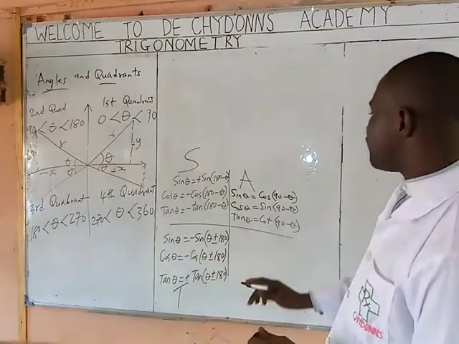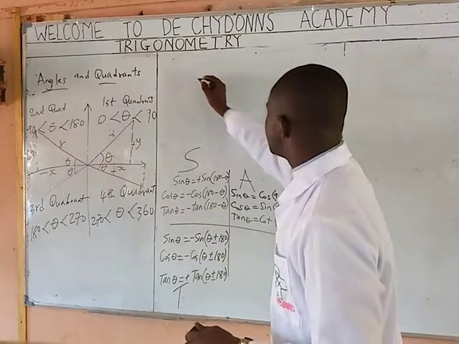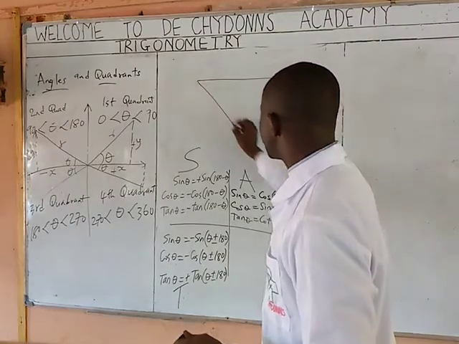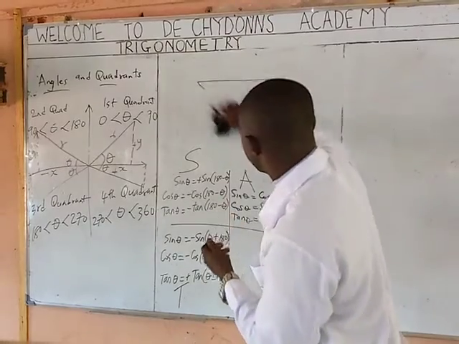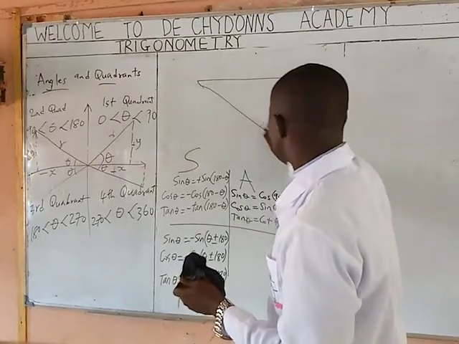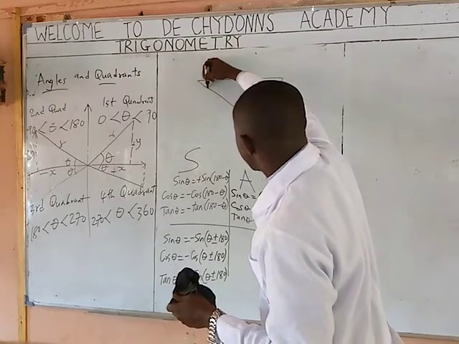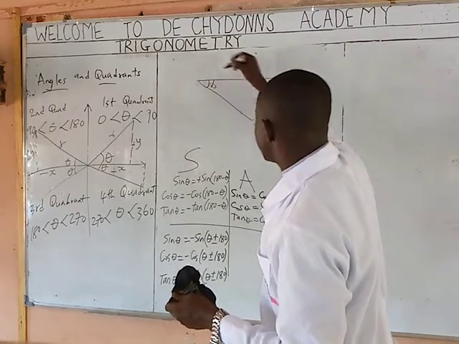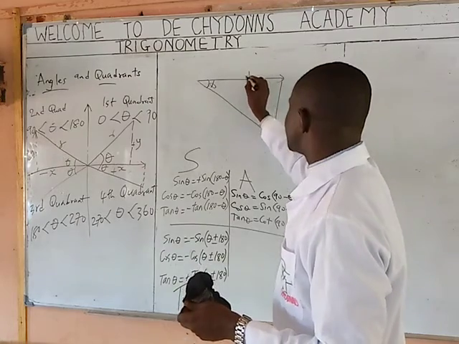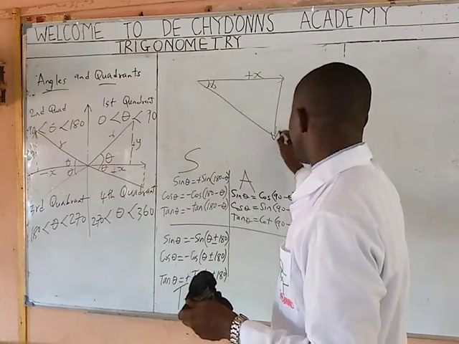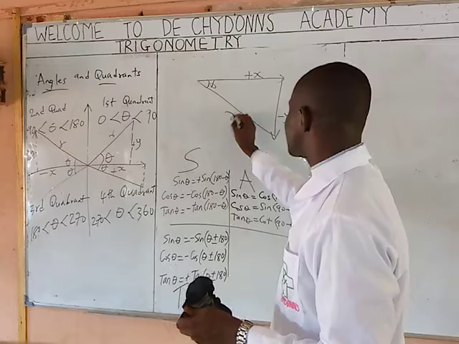Let's see what happened in the fourth quadrant. We draw it out. Here theta, then here positive x, here negative y, and this is r.